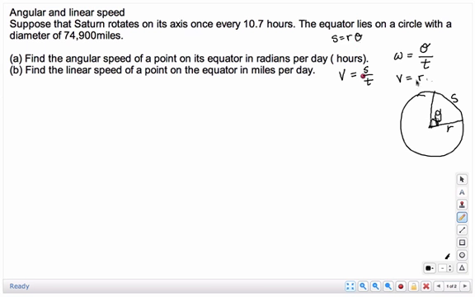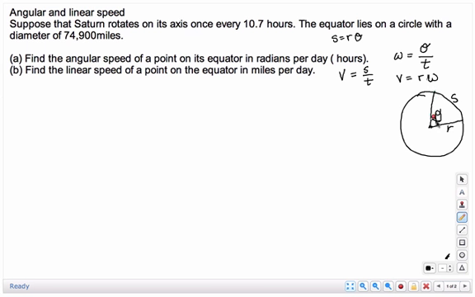And then we also know that the linear velocity, that's v, or linear speed, is the arc length over the time. That gives us the linear velocity, the change in this distance over time, basically.